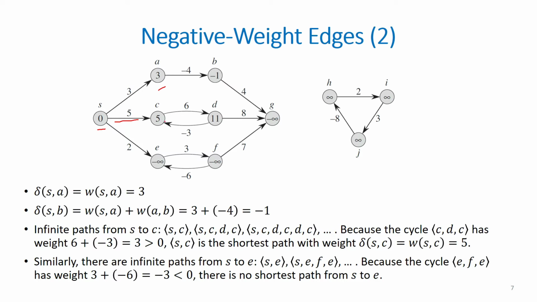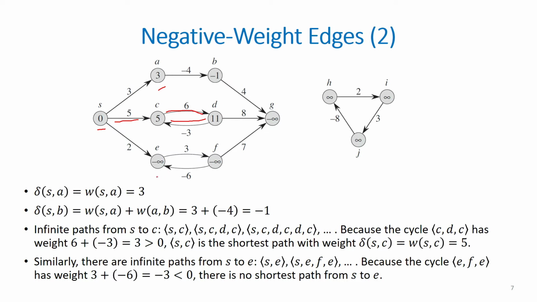I can keep looping in the cycle as many times as I want, but the shortest distance will always be 5, since every traversal of the cycle keeps adding to the distance between the vertices S and C. Since the cycle has a weight of 6 plus minus 3, which is equal to 3, and it is positive, the shortest path will be the path with no cycles in it.